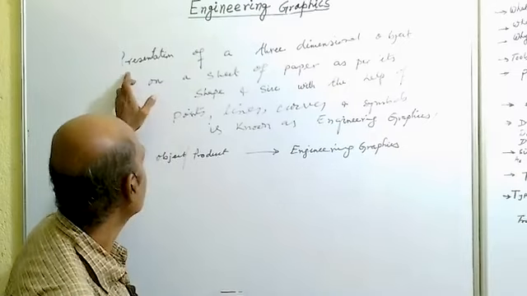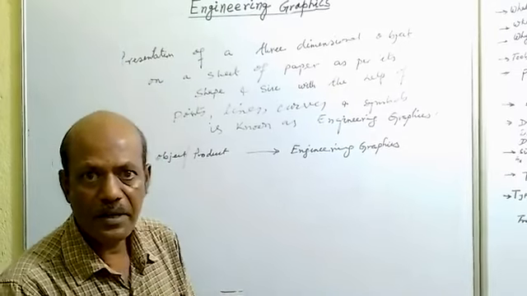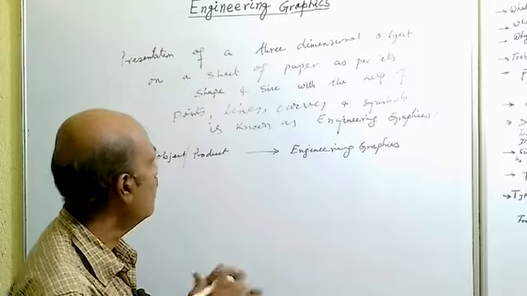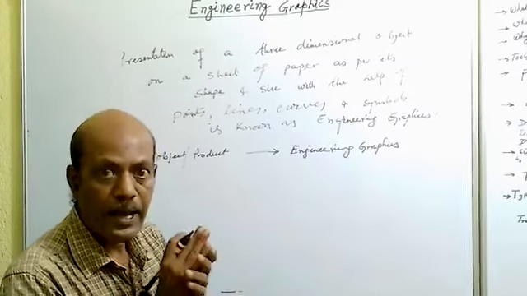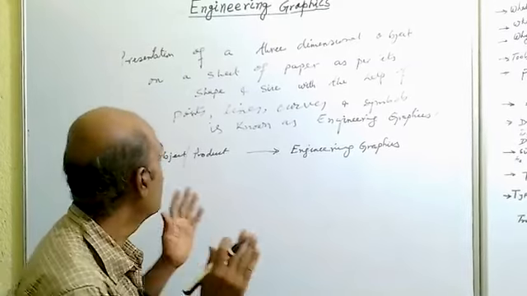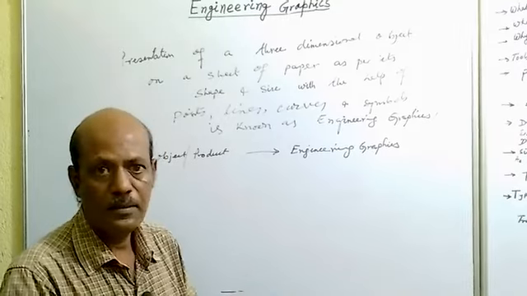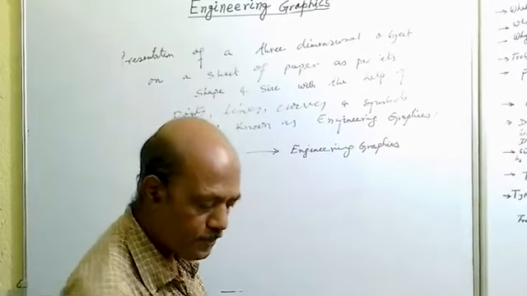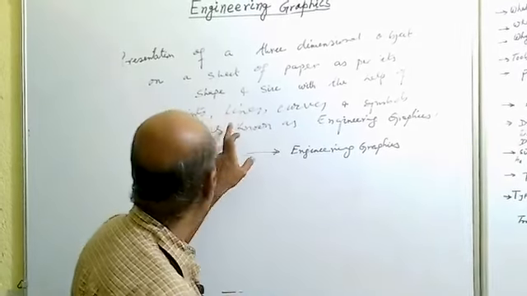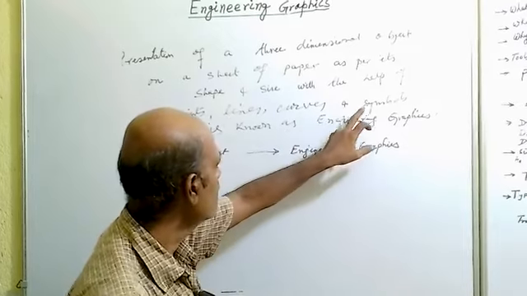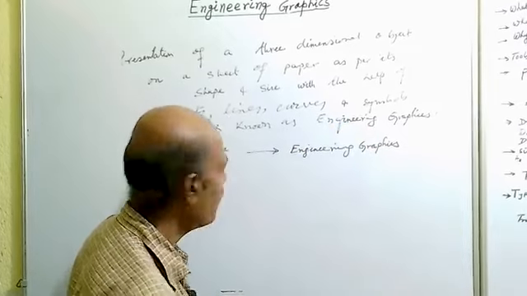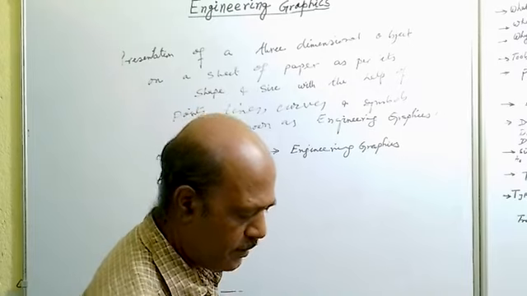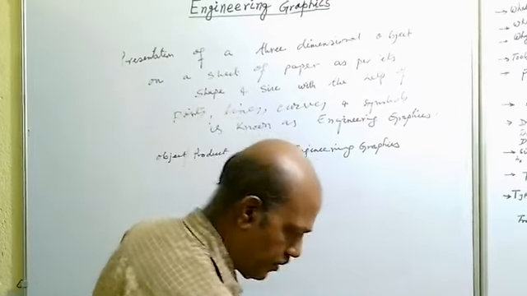And as per its definition, presentation of a three-dimensional object on a sheet of paper as per its shape and size with the help of lines, curves, symbols and points is known as engineering graphics.